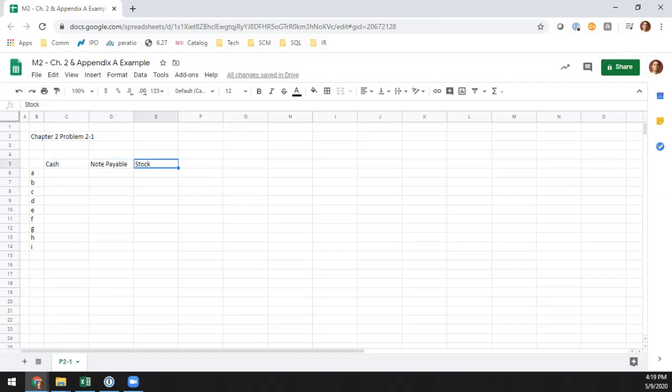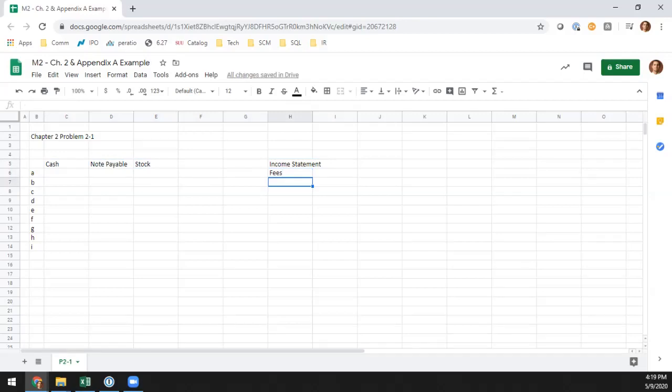Third one, we received cash from fees earned. Now, fees earned don't go on our balance sheet. That's an income statement item. So let's just move over here and say income statement. And we have fees.